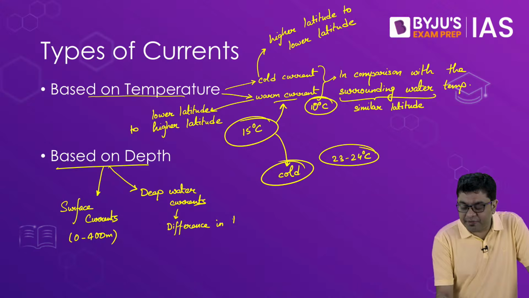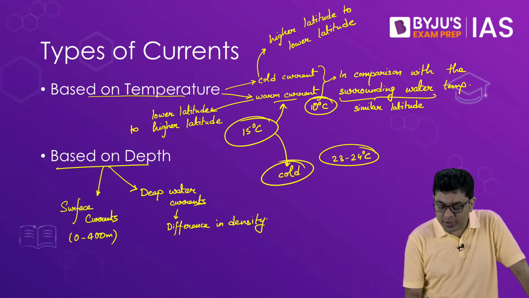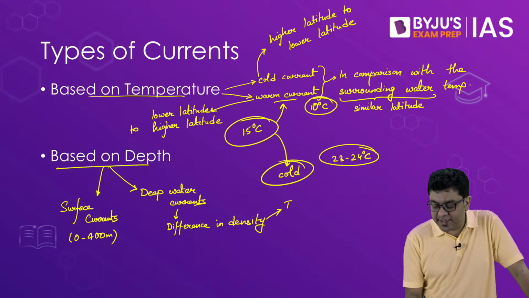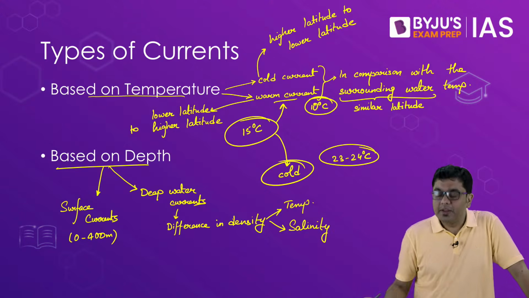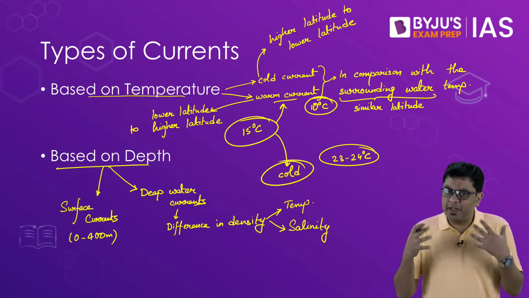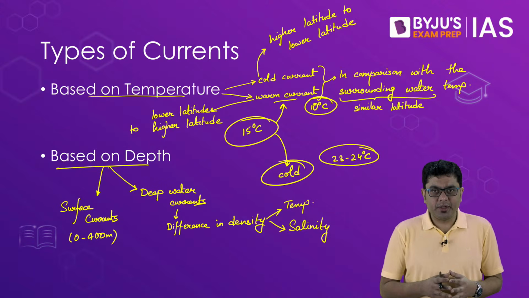And how is this difference in density achieved? That is a factor which we refer to as the thermohaline circulation. So this difference in density is achieved because of difference in temperature as well as difference in salinity level of the water. So that initiates a different circulation which we refer to as the thermohaline circulation.